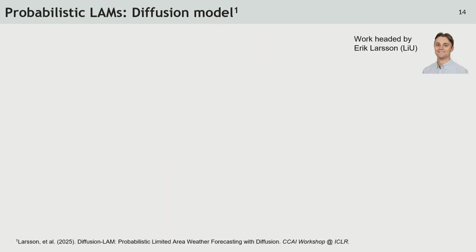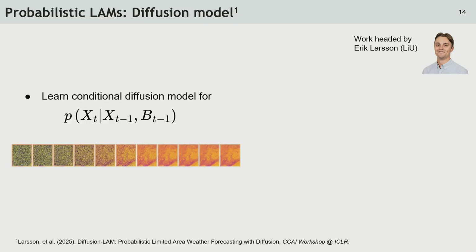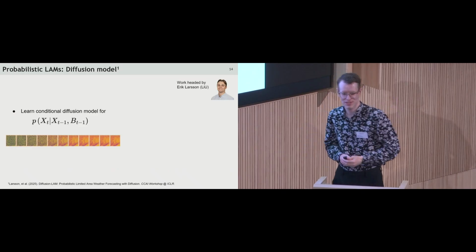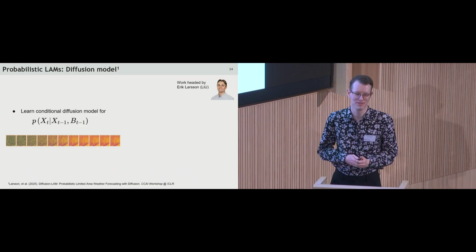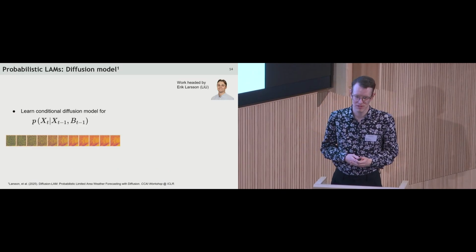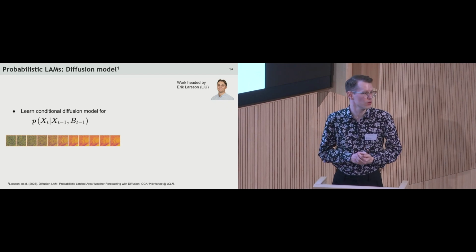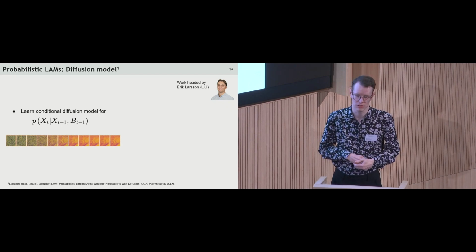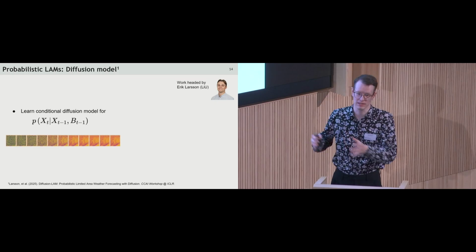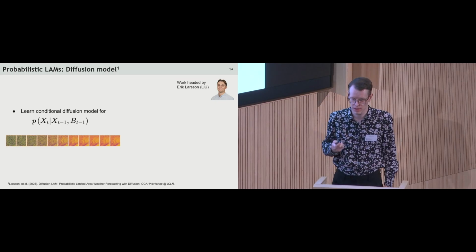Another alternative to the latent variable models are the diffusion models. Again, coming back, this is some work headed by Erik Larsson, who's also here. I'm not going to go over how diffusion models work now, because I think we all know that very well at this point. But really here we're learning a diffusion model for this conditional distribution, conditioned on both the previous state and the boundary information.